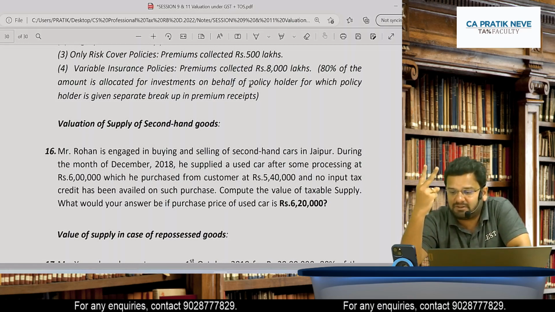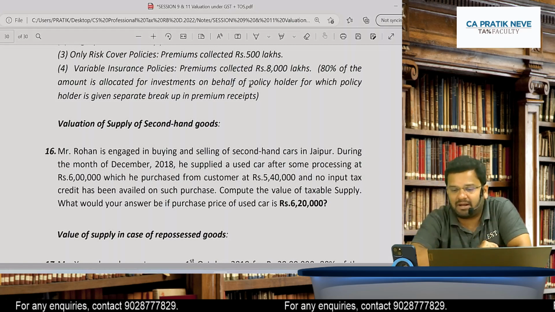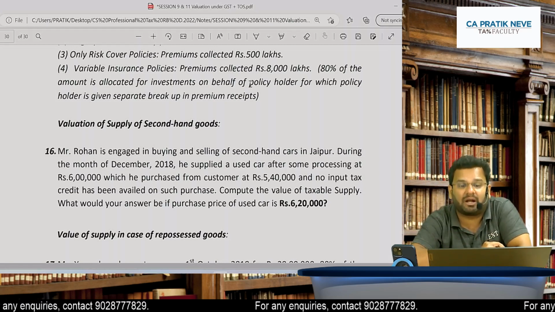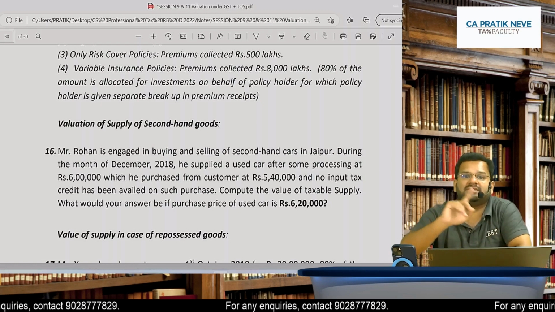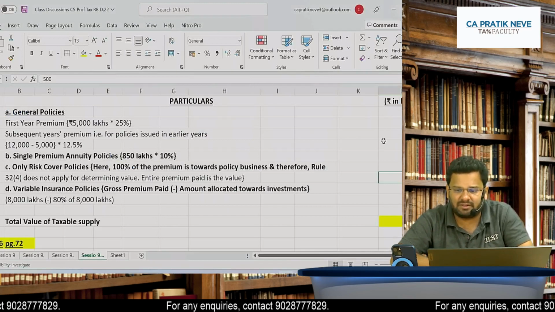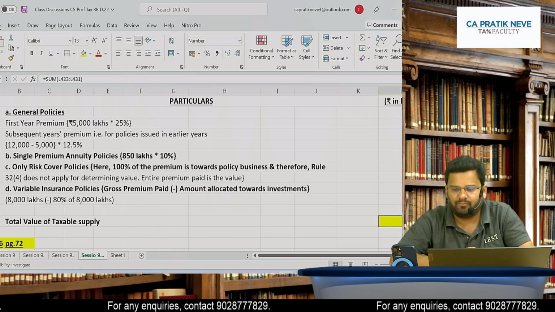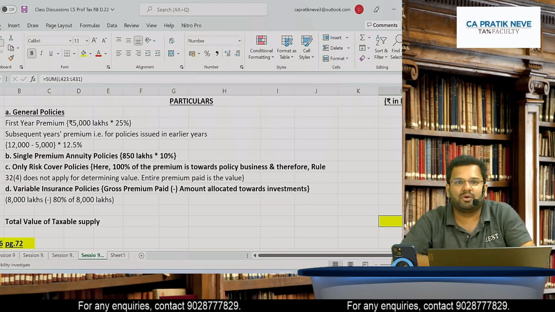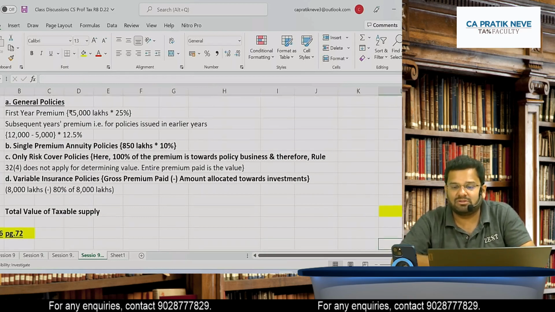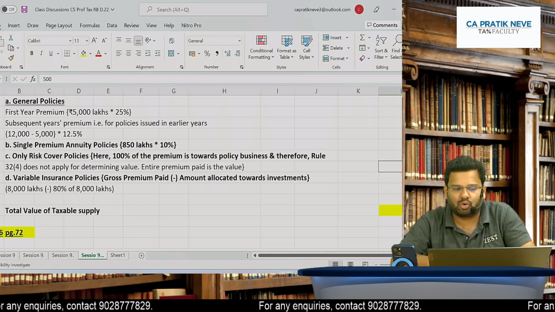So only 20% is towards risk appetite, means life insurance product. So 1,600. So take that 1,600 and tell me finally what's your assessable value. Finally, your assessable value is 4,310 lakhs if you take total of all.